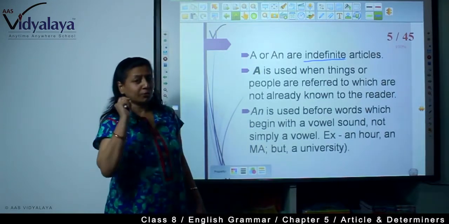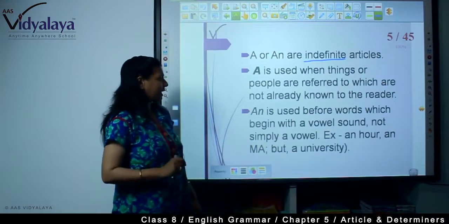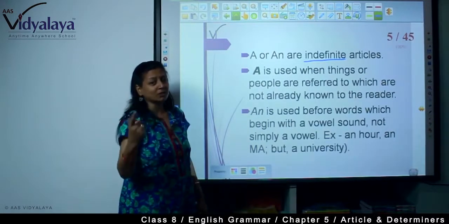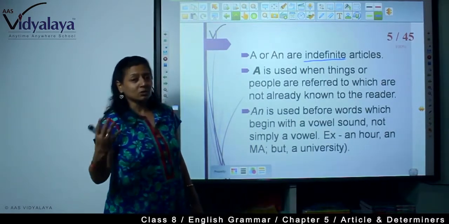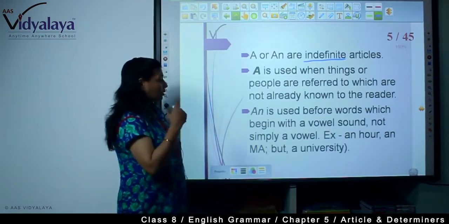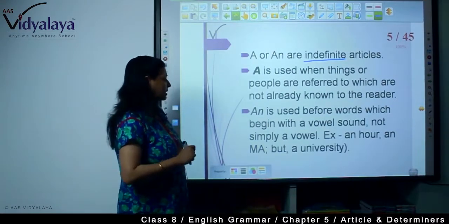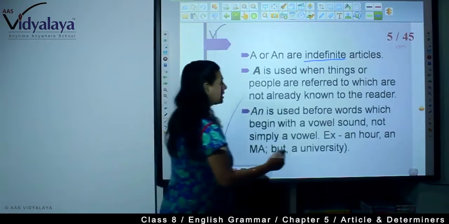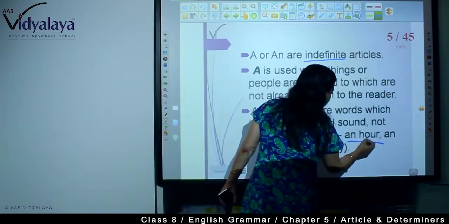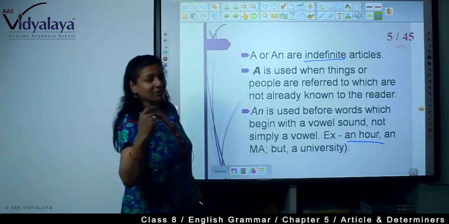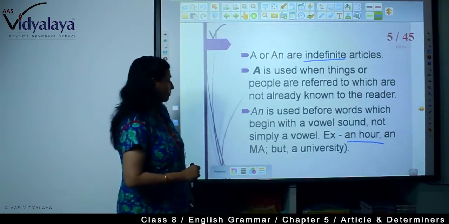Now, an is used before words which begin with a vowel sound in pronunciation, not simply a vowel letter. For example, an hour, though H is here, but when we say it, it is an hour.